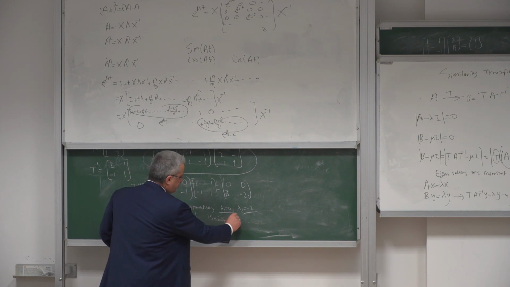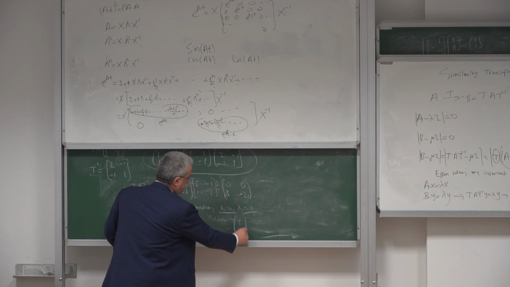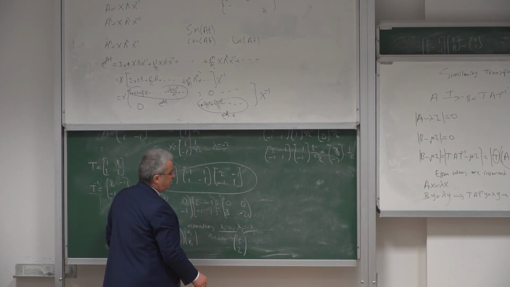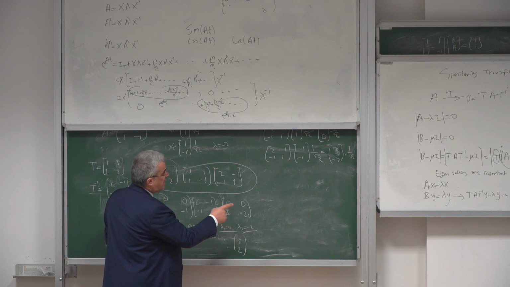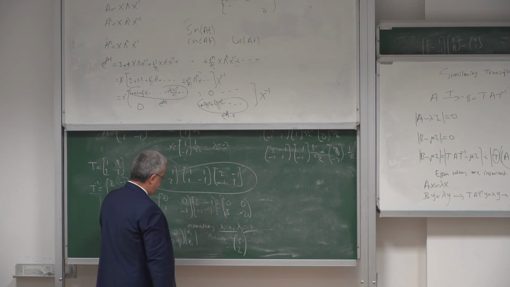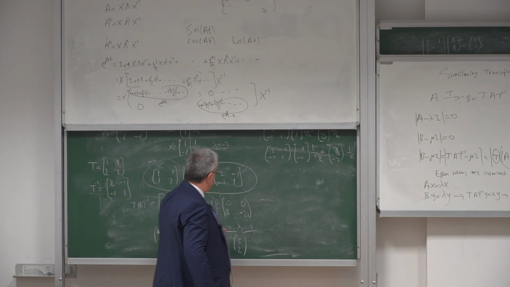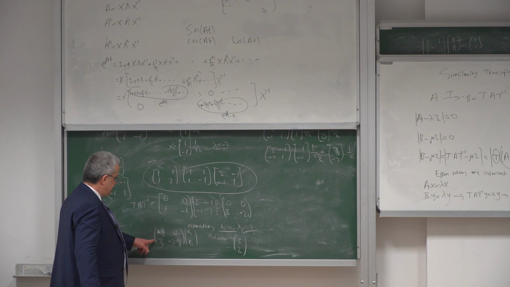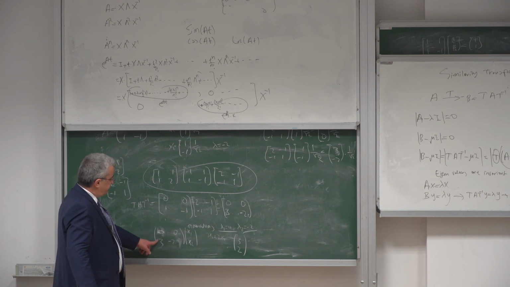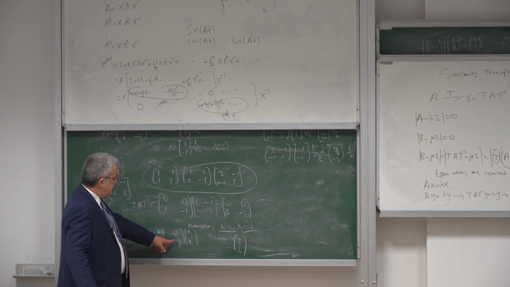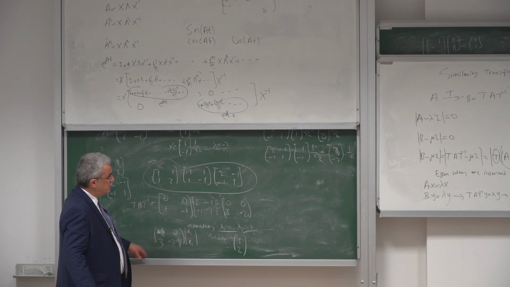So if you take x2 equal to 1, this is 2 and 3. Is this true? Why is it minus 2? I made a mistake somewhere, right? Or I made a mistake there. So I didn't make a mistake there. Please find the mistake. So there is no mistake there, then the mistake should be there.